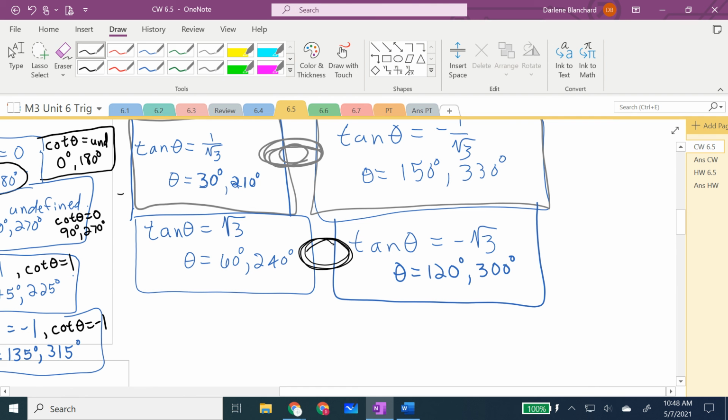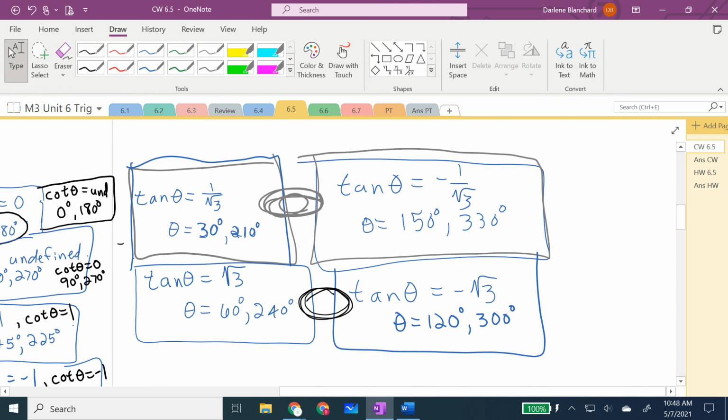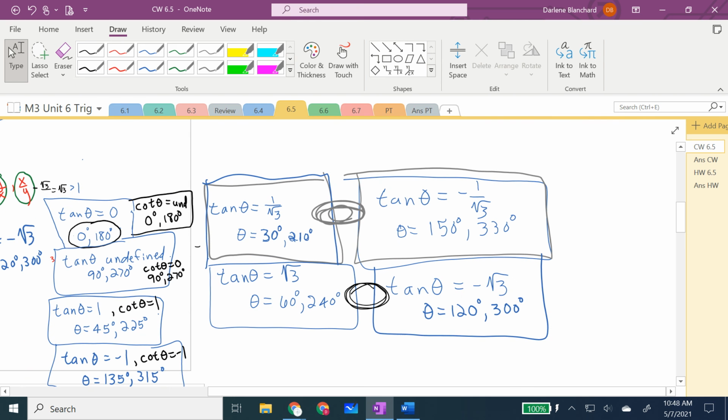Now, can you reciprocate that and look at the cotangents? These are the angles where cotangent is equal to the reciprocal of 1 over root 3.